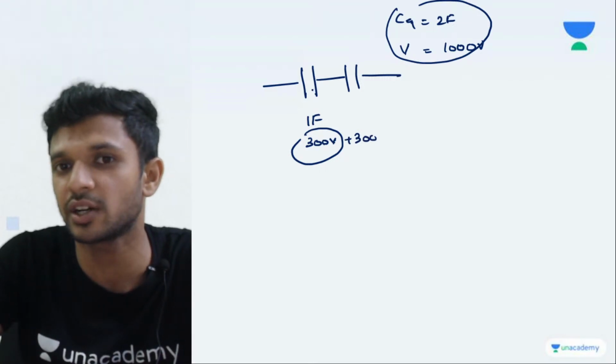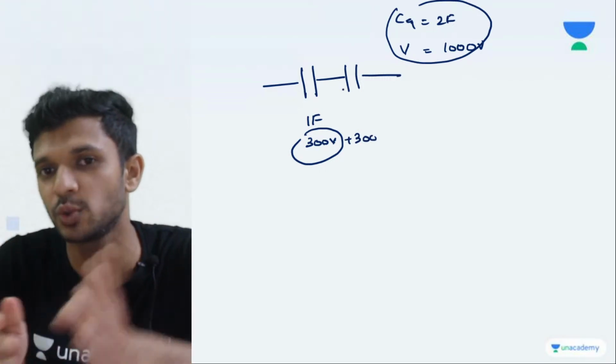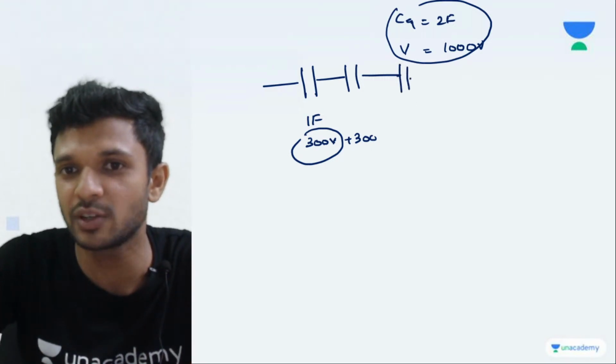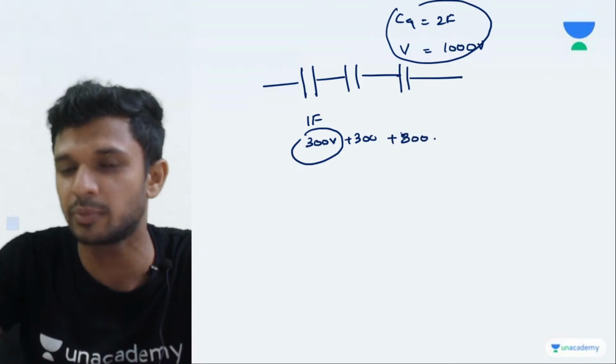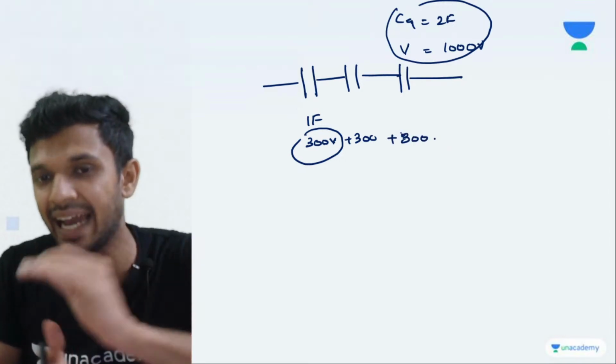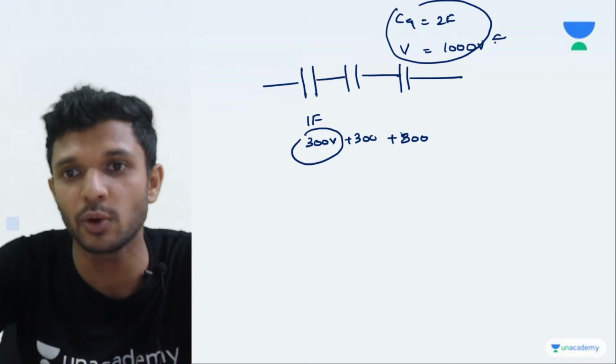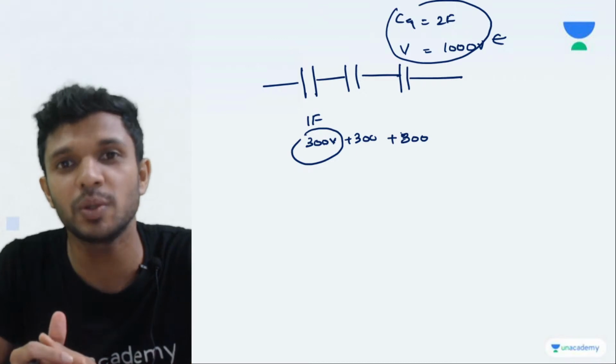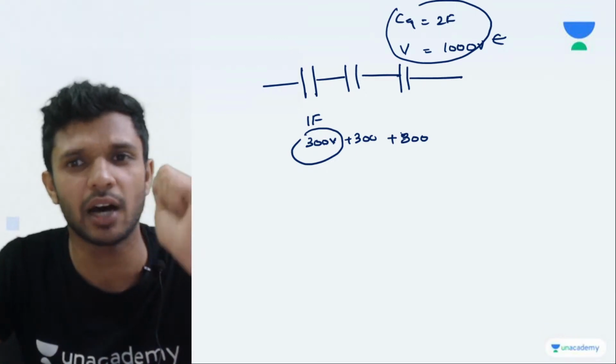The total potential across each is 300. So if you connect 2, it became 600. Now if I connect one more, 300 plus 300 plus 300, it became 900. So can it withstand 1000? No. It should be a combination where the system should be able to withstand at least 1000.